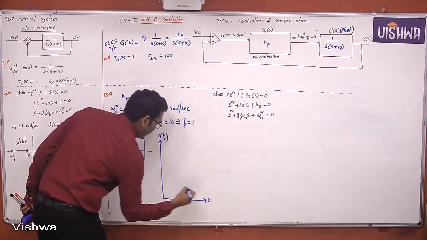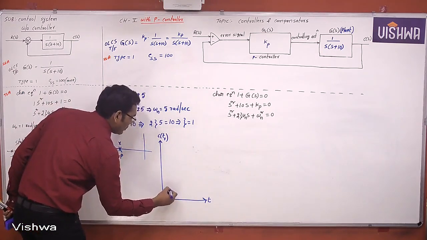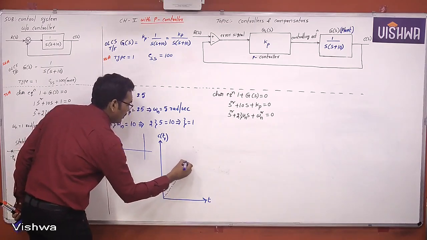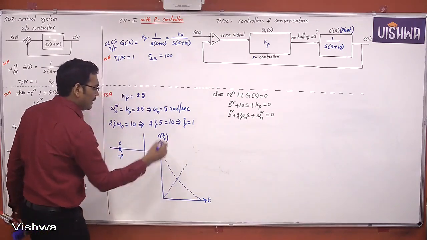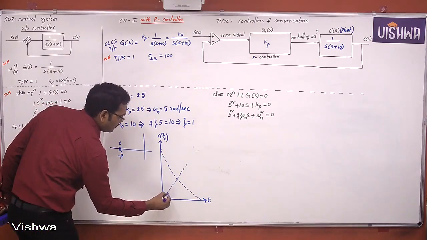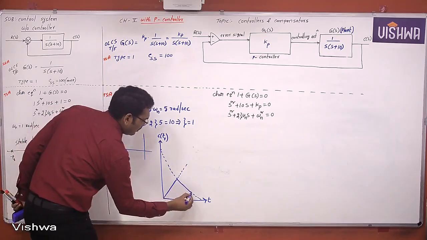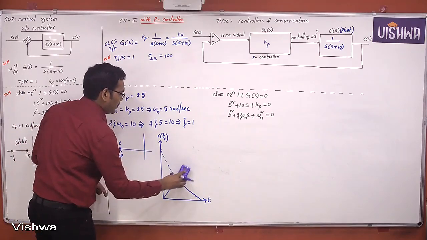You know how the critically damped response looks. This is one ramp behavior and this is one exponential decaying behavior. The critically damped response is nothing but a combination of these two.